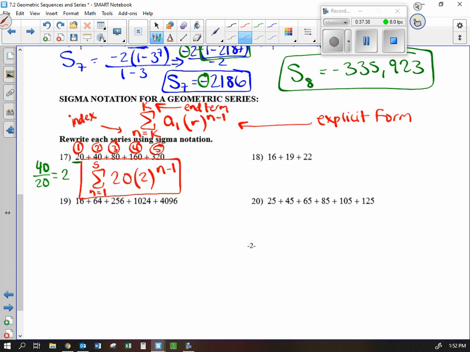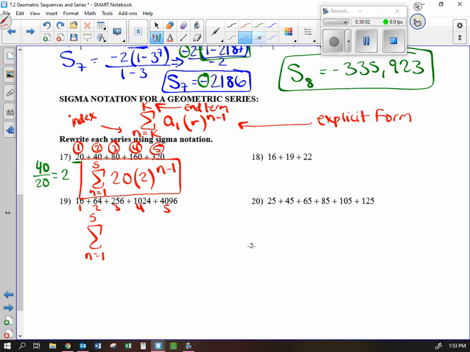Now, I actually want to go down to 19 instead of going over to 18, just because 19 is another geometric series. 18 and 20 are actually arithmetic. So let's do 19 quick here. Let's set it up. We have 1, 2, 3, 4, 5 again. So n equals 1 for our index, and our n term is 5.